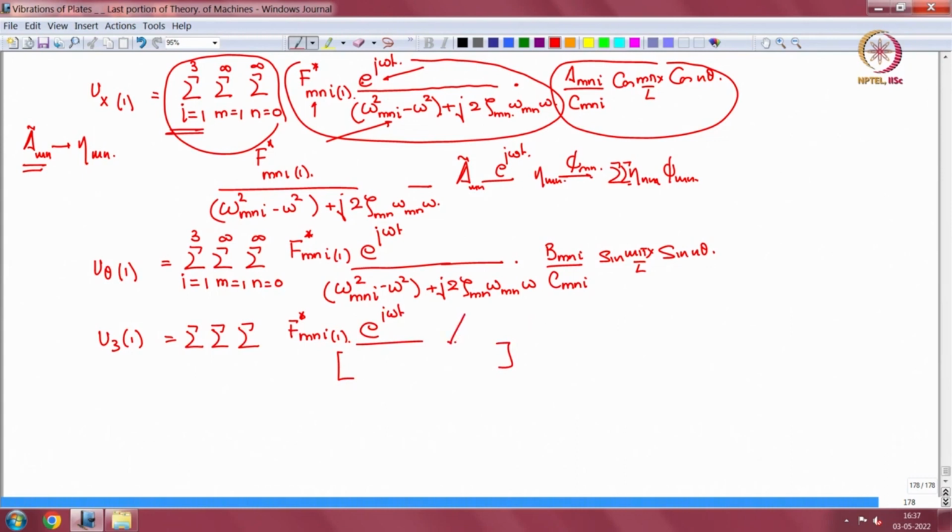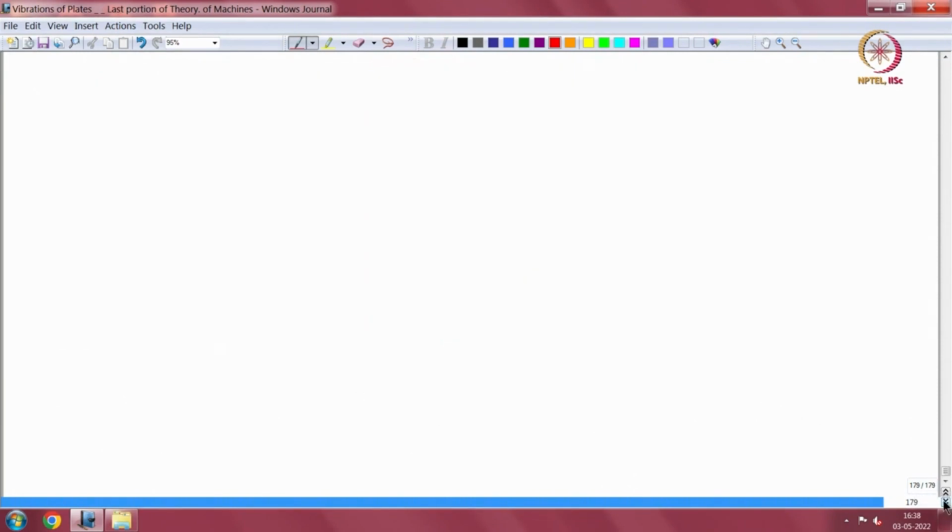Then sin m pi x by L cos n theta. Displacement with set 1, we are done. Okay. Now displacements with set 2. Set 2.